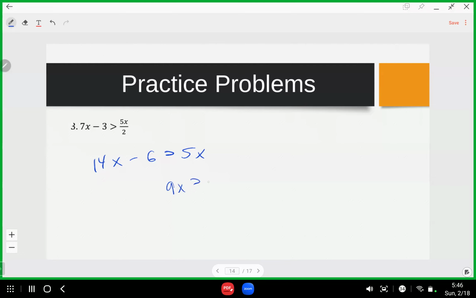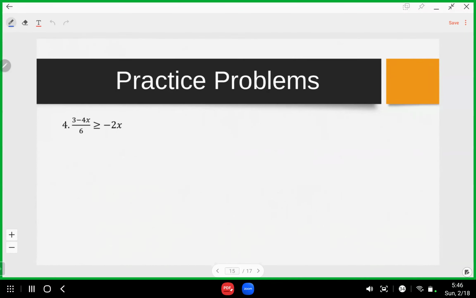So then I got 14x minus 5x is greater than 6. And then that just equals 9x is greater than 6. So then x is greater than 6/9. And then you can simplify it and get x is greater than 2/3. Very good. So last one, or not last one. We have one more. Fourth one.